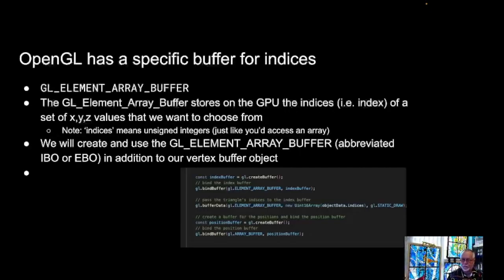So what we're going to do is create another buffer. We have a buffer for vertex position. We're going to do an element buffer object. It's an element array buffer. And this you'll see in part 2. We ask OpenGL to create a new buffer here, and then we bind that buffer to an element array buffer, right? Not an array buffer. So this is telling us we're going to use this to index into things.